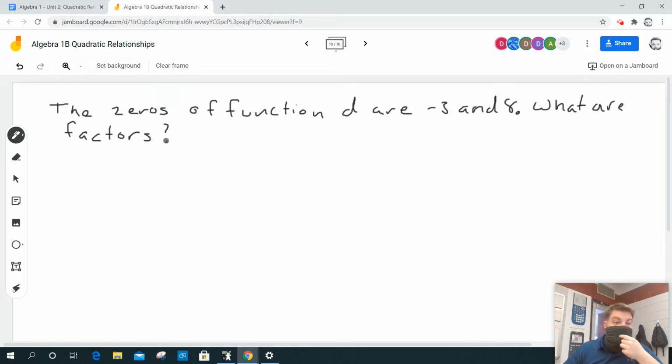Now, they don't mention it in the problem, but this is a section on quadratics. Okay, so basically what they're saying is there's a function d of x that looks like ax squared plus bx plus c. All right.